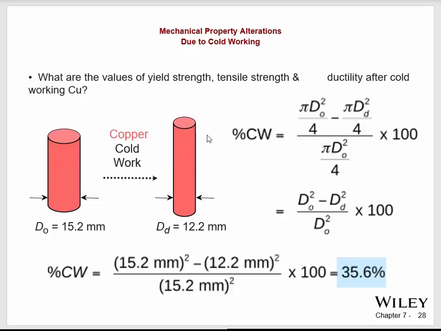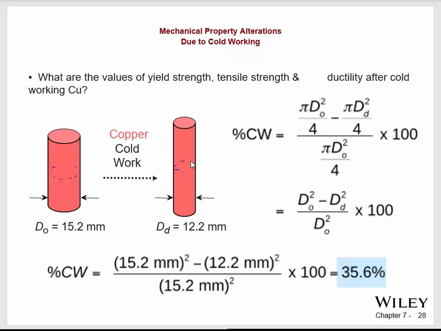Cold working is mathematically defined as essentially a reduction in area, or percent area reduction. Assuming that you have a cylindrical sample here, we would take pi r squared or d squared over 4 for the cross-sectional area of our sample.